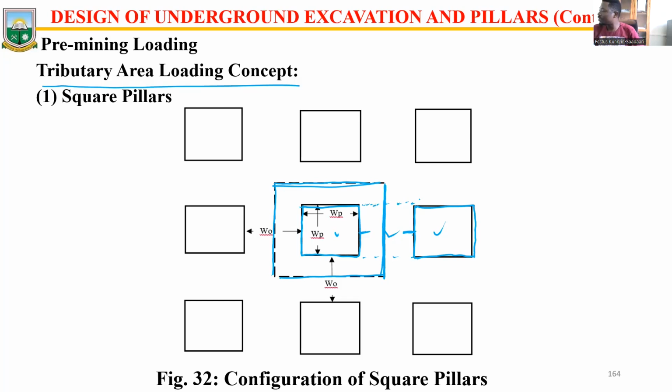This empty space you see here, which I have denoted in red, is the room, the space you have created where you are mining. And then the black boxes are the pillars themselves. So the pillar has a dimension. We said it is a square pillar. So W represents the width. WP is the width of the pillar.